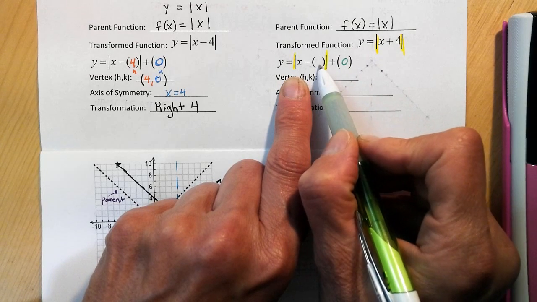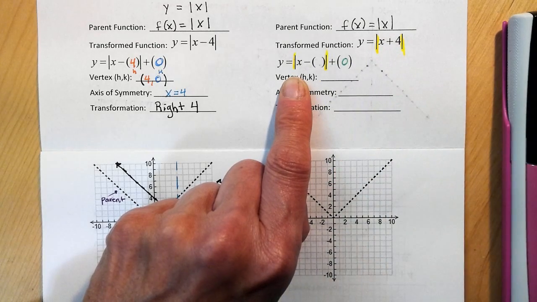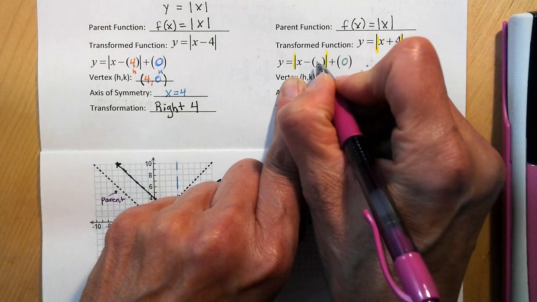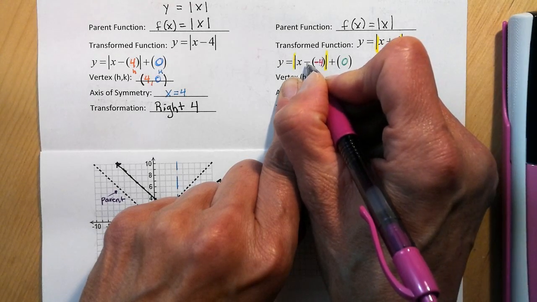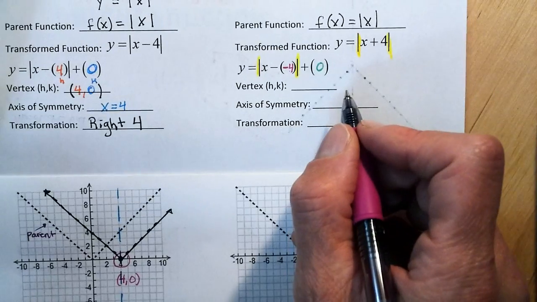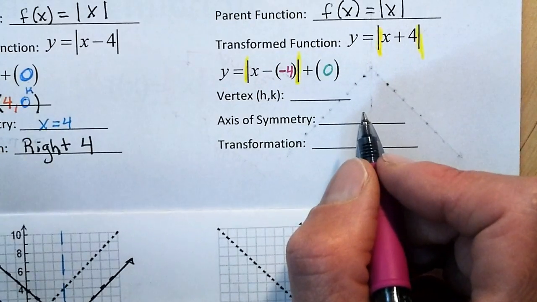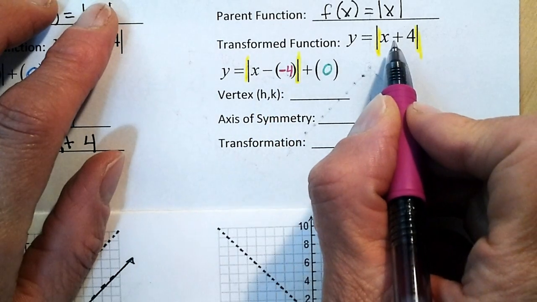So what would I put in here so that this changed to be plus 4? It would have to be a minus 4, because a minus times a minus gives you a plus. I'm going to make this a little bit closer so it's easier to see. So a minus times a minus is a plus.